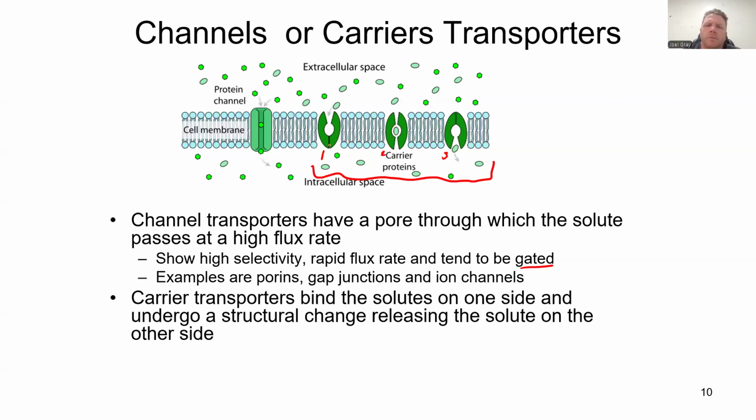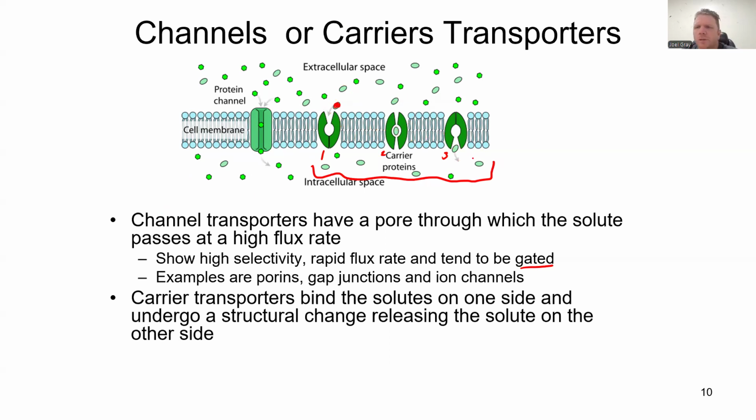So essentially, if we look at phase one, that's where the protein is open to receive a binding partner substrate from the extracellular space. It binds it, and then it closes off and reopens to deposit that molecule to the other side of the membrane.